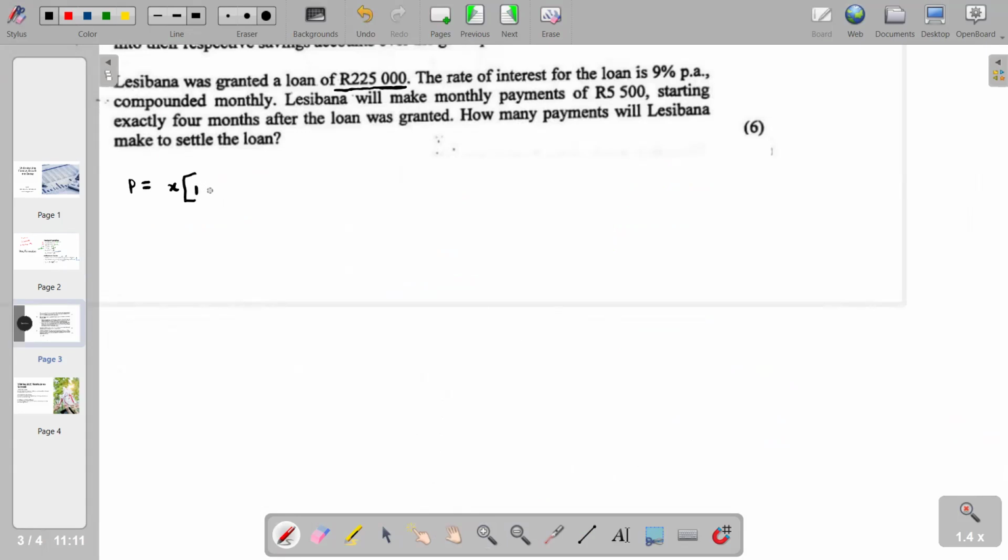We have 1 minus, then a small bracket, we have 1 plus I to the power negative N, all over I. Copy the correct formula. Then we want to identify the variables. So we are having P, X, I, and N.